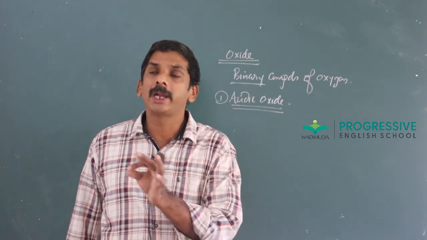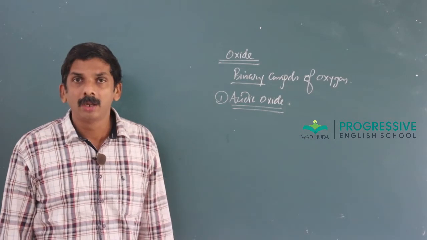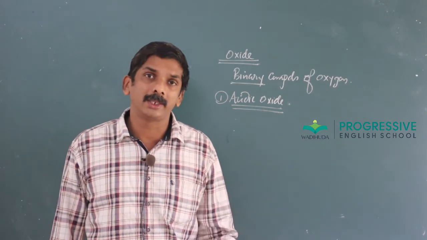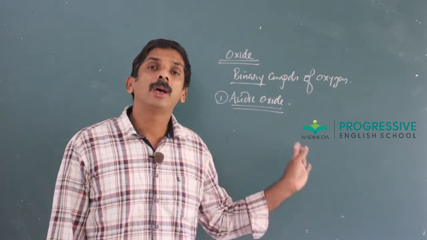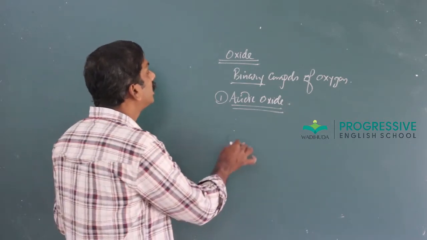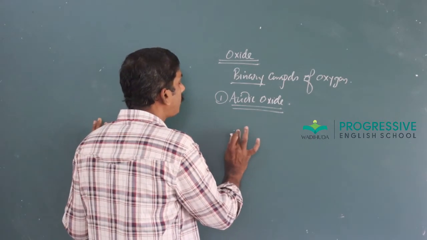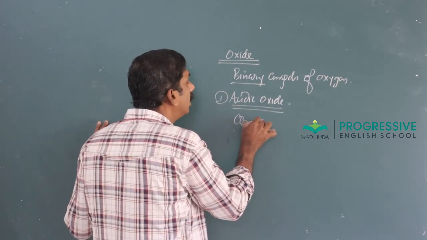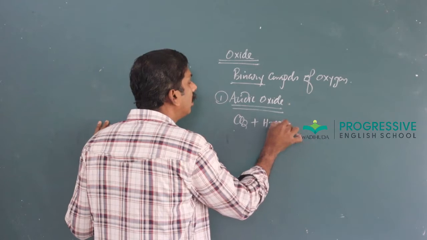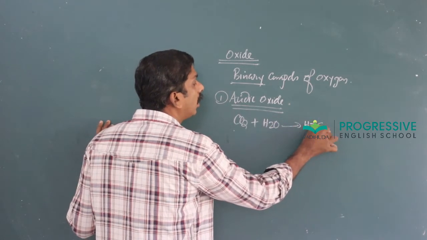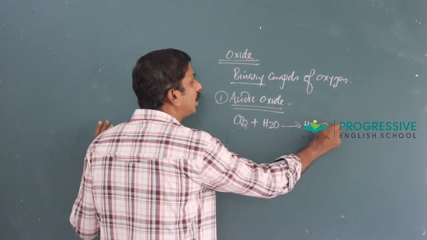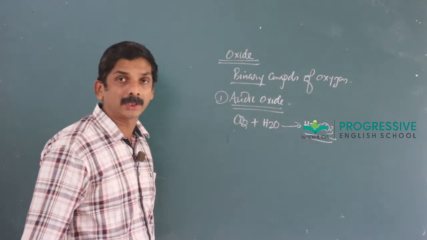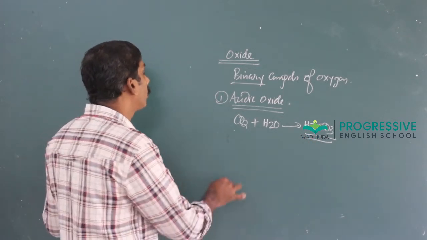When this oxide combines with water to form acid, it is called an acidic oxide. Examples are carbon dioxide, sulfur dioxide, etc. Carbon dioxide reacts with water to form H2CO3, or carbonic acid.